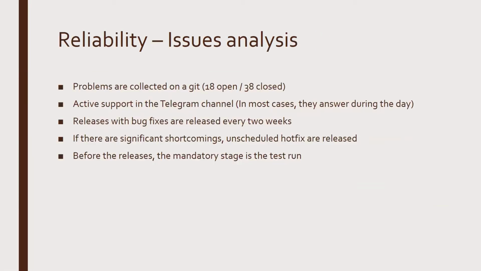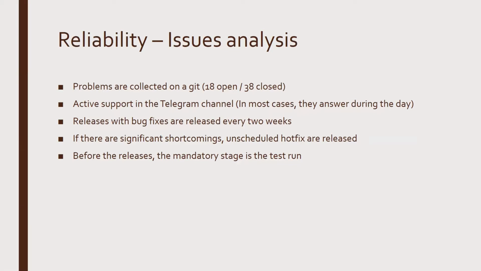Okay, next we want to talk about reliability. What we found is that we are looking at the source code database. The first problem is that there are many issues collected on Git. Almost half of them have been closed.